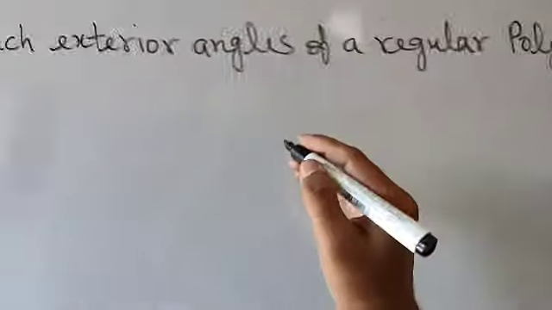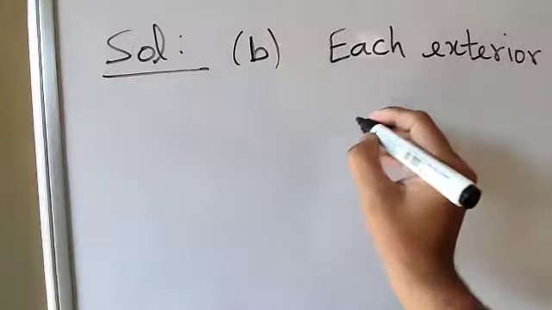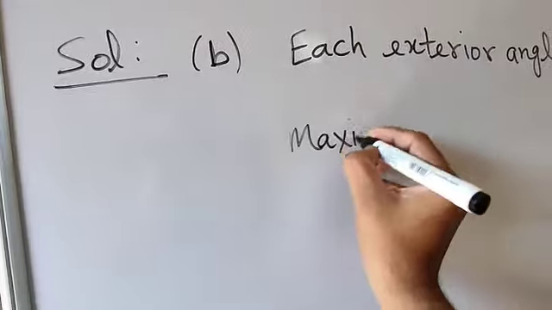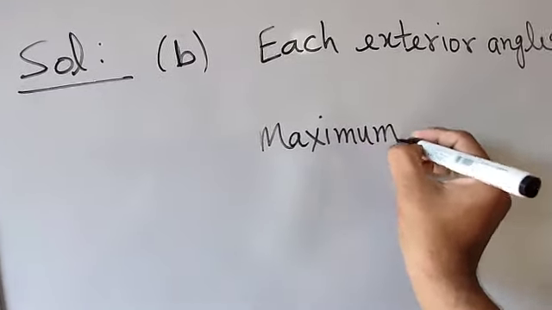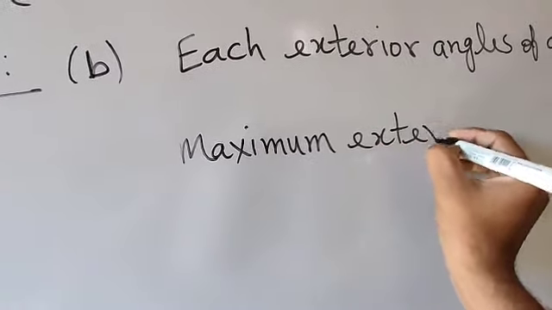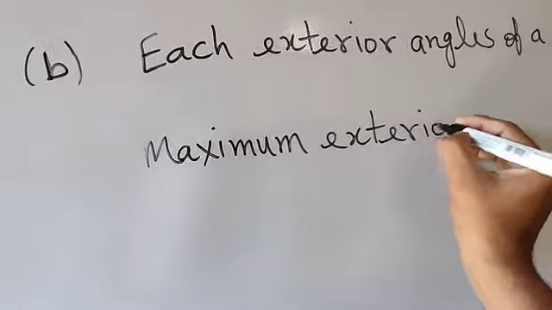So here you can write: maximum exterior angle of a regular polygon is equal to 360 upon 3.